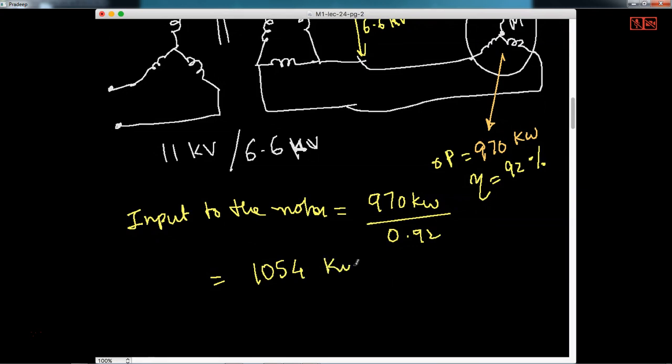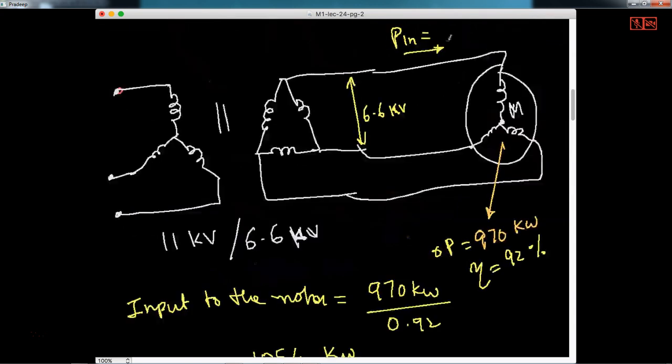Almost 1 megawatt is going to the machine. Also, the power factor of the machine is given as 0.9 lag.